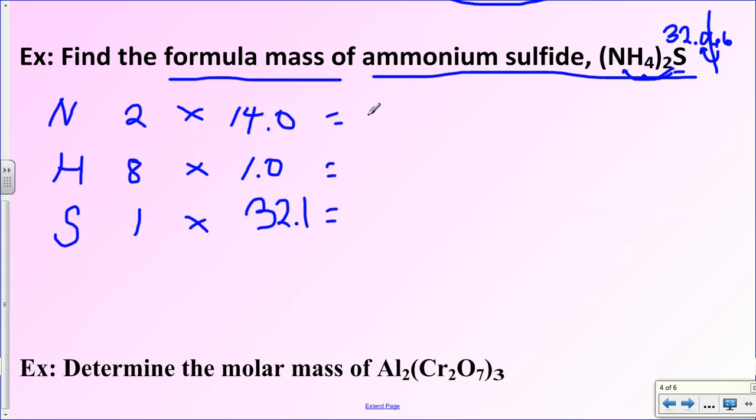Okay, 2 times 14.0 is 28.0. 8 times 1.0 is 8.0. And 1 times 32.1 is 32.1. Yes, you have to show your math work all the time, every step. Don't cut corners.